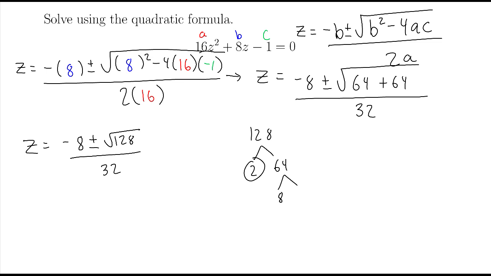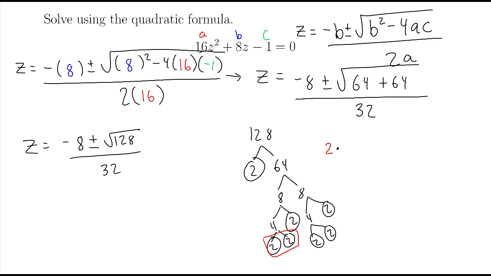64 is 8 times 8. 8 is 4 times 2. 2 is a prime number. 4 is 2 times 2. Same thing here, 4 and 2, 2 and 2. Okay, looking for pairs of numbers here. So we have a pair of 2's here.